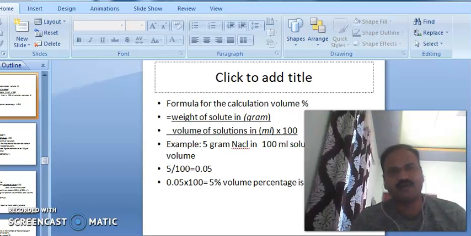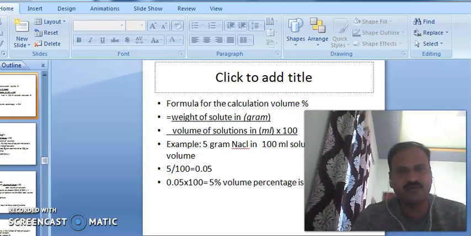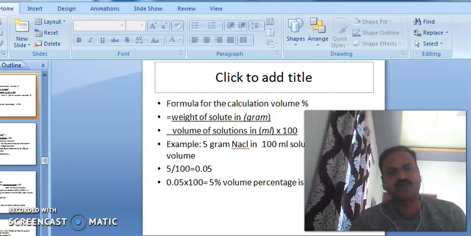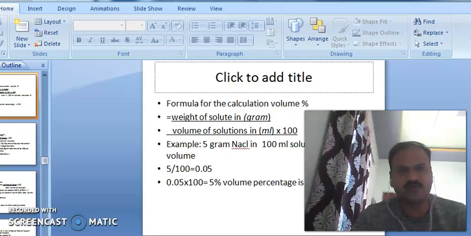For example, 5 gram NaCl in 100 ml solution. Calculate the percentage value. 5 upon 100 gives 0.05, whereas 0.05 into 100 is 5% volume percentage in solution. The formula is weight of solute in gram upon volume of solution in ml into 100. It gives your percentage of solution.